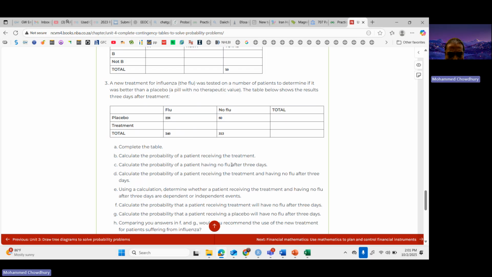So now complete the table. If I want to complete the table, this plus that will make it, let me write it this way. Flu, no flu, placebo, treatment.